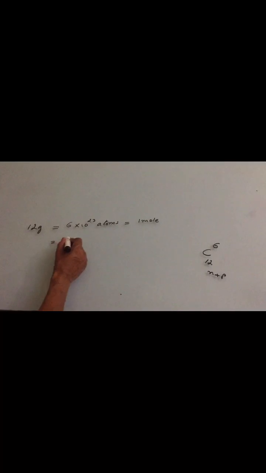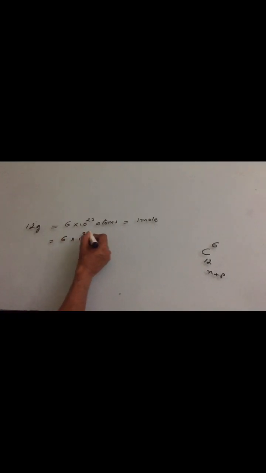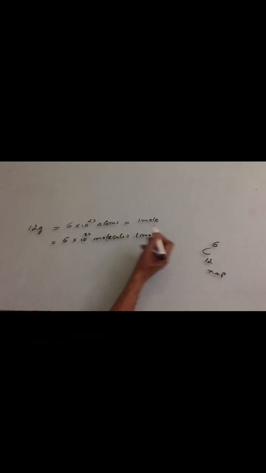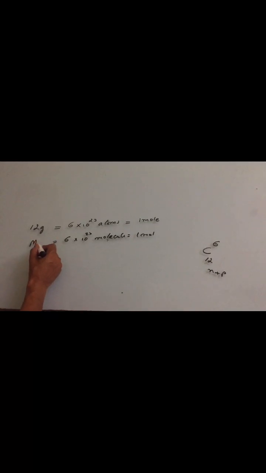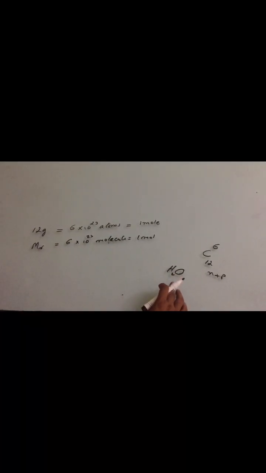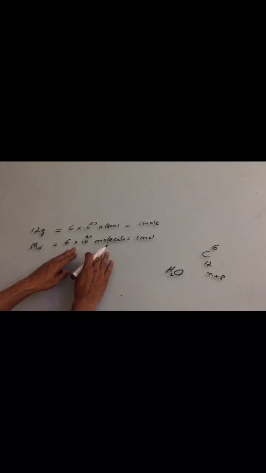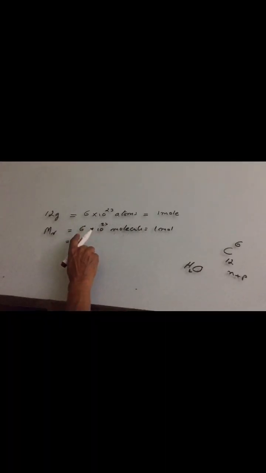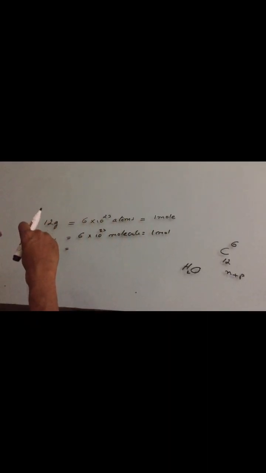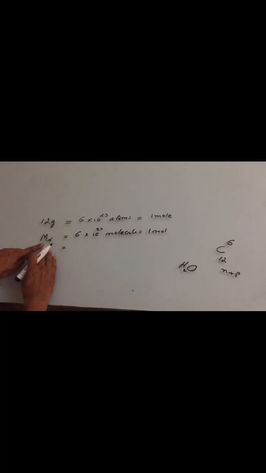In the same way, if this many particles are molecules, that is equal to 1 mole again, and the mass will be the relative molecular mass. For example, H2O is a molecule, a compound. If Avogadro number of molecules is put on the weighing machine, the mass will equal the molecular mass.